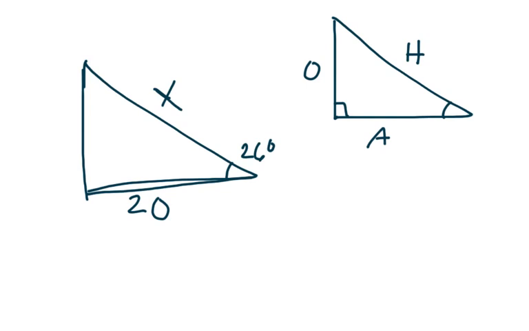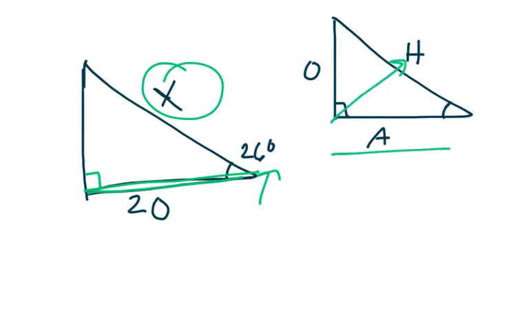So we now know that our angle here is 26. We're trying to solve for x, and it is our right angle here, and we have our adjacent, and across from our 90 degrees is our hypotenuse, and the opposite of our angle here.